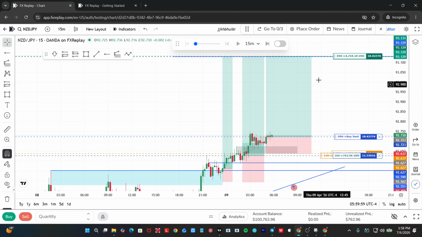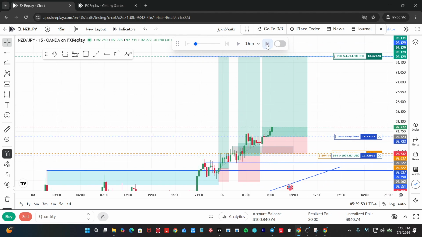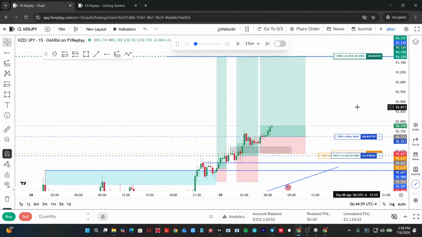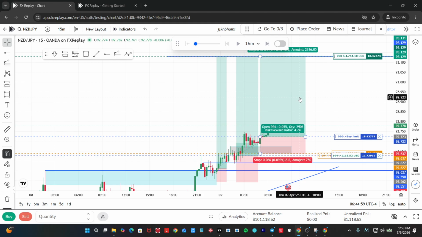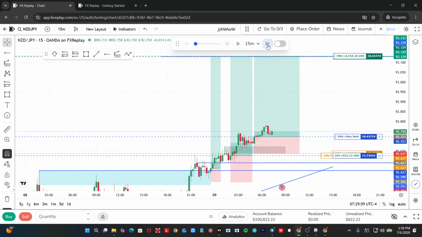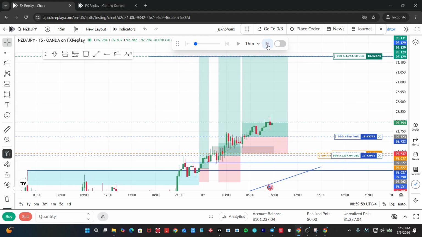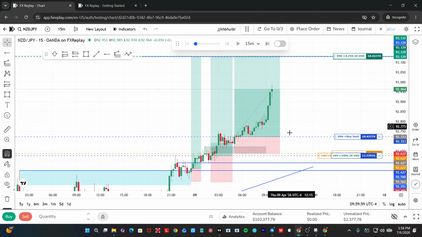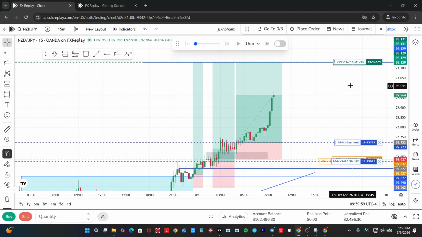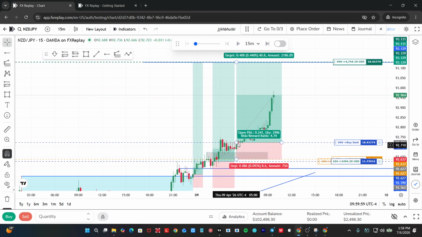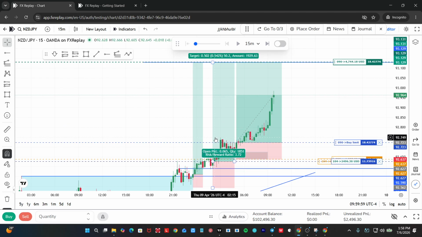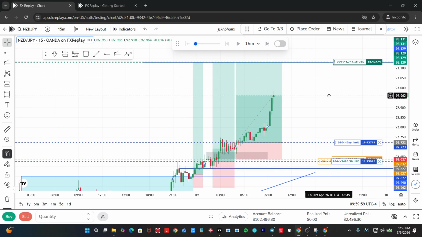Then now we hold and see how this is moving. Yeah, we can see that the price is moving high. For this entry here, we would now go break even at this point.